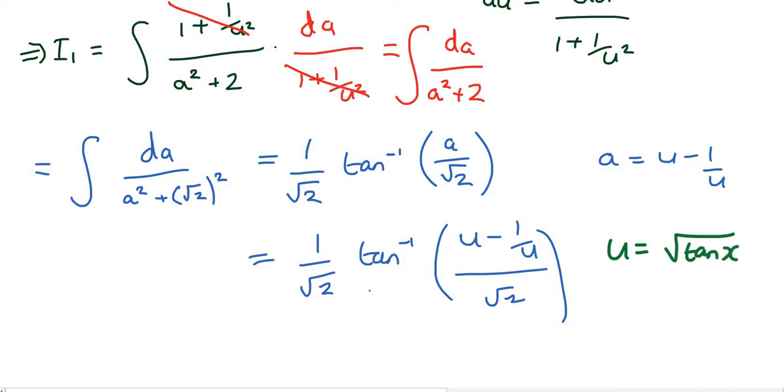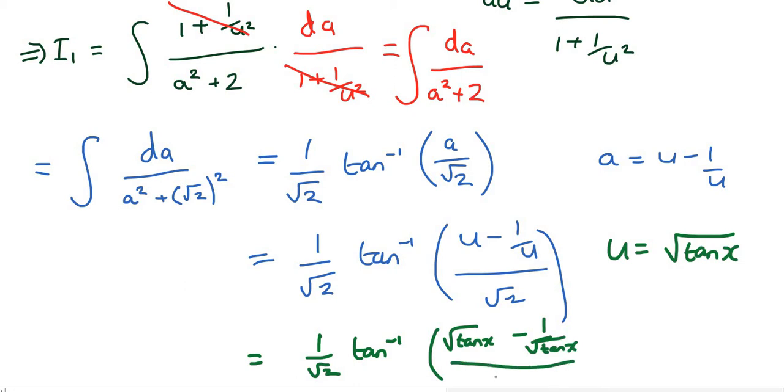Remember that u was square root of tan x. So this is equal to 1 over root 2 tan inverse of, well, square root of tan x is u, so square root of tan x minus 1 over square root of tan x. And there are ways to simplify this, but I'm not too fussed about that for now. And there we go. We have solved our first integral in terms of our original function, square root of tan x. So we're good to go on that one.